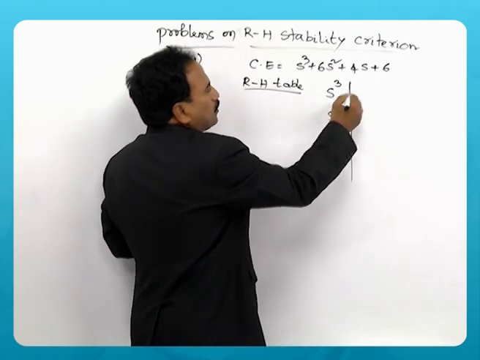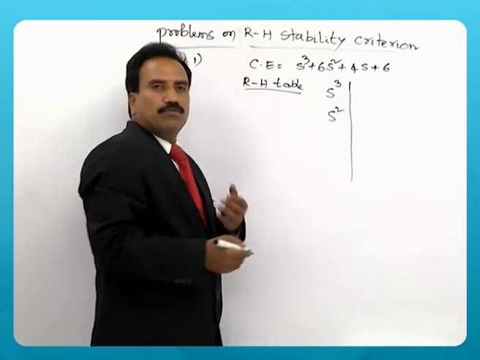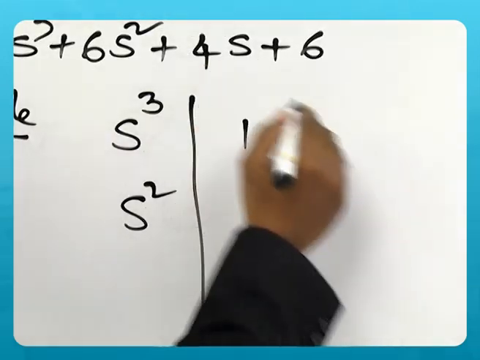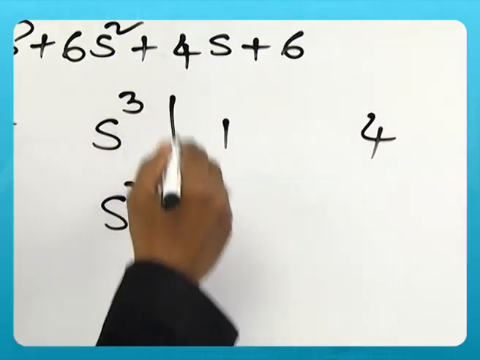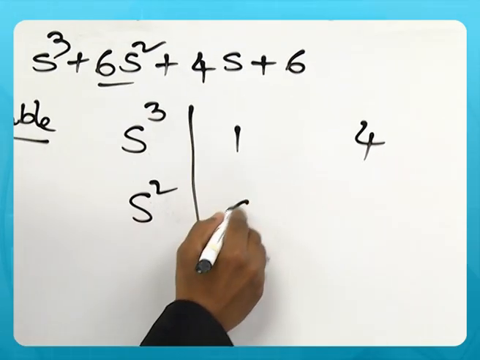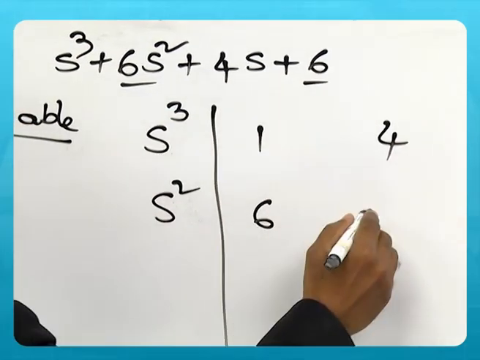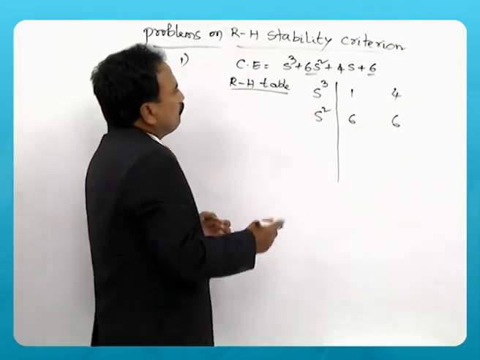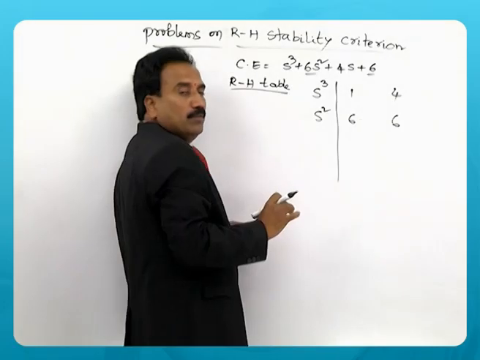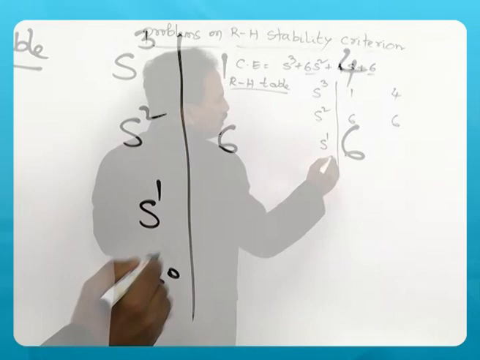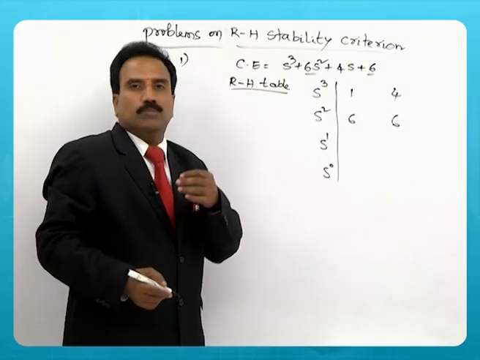So, first two rows, as I said, are to be formed from the given data: s power 3, 1, then coefficient of s, 4 as alternate term, and next s square coefficient is 6 and alternate term is again 6. First two rows are formed from the given equation. Now, s power 1 up to s power 0, you have to continue the table.